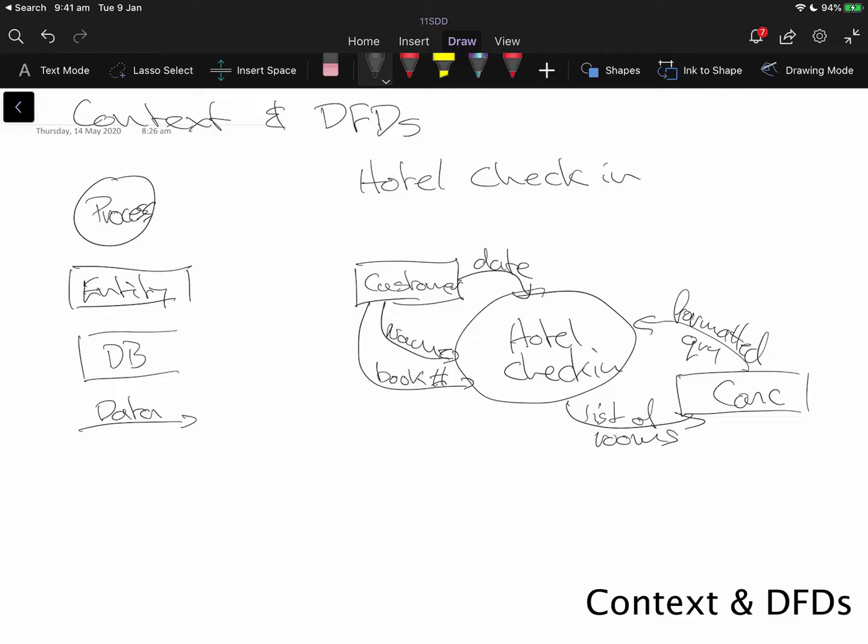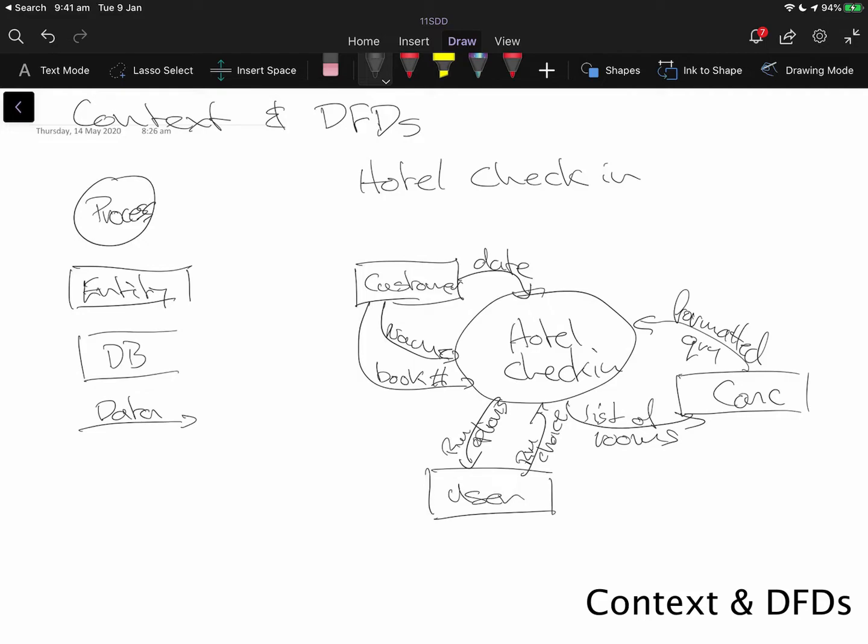The hotel check-in system would be spewing out things like, and this is a nice feature of a DFD, if it gets busy, you can just create another instance of the user there. So we can say here that room options are being made available, and they can make a room selection or room choice, shall we say.